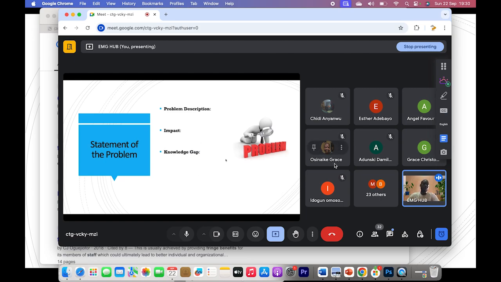And then don't forget the study context. Maybe you are looking at this topic maybe among manufacturing companies, or among SMEs, or among other organizations. You have to also be situating it around that organization. So if you're talking about manufacturing companies, you'll be looking at it from that context as well.